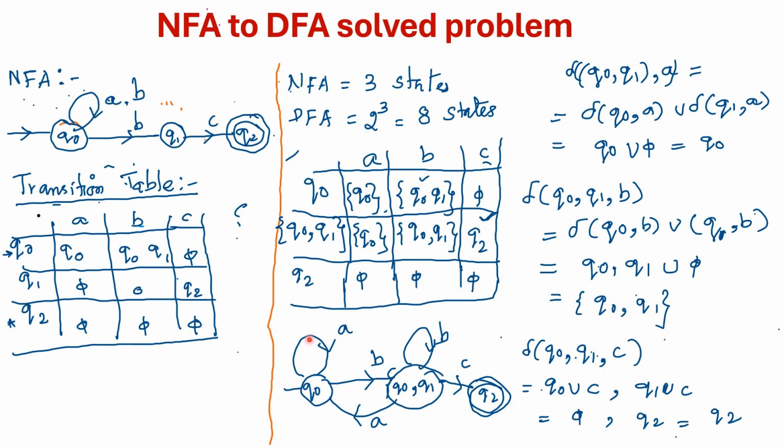The same thing here, any number of A's, here we have the self loop, and any number of B's also, B A, B A, B A. It may be null or it may generate n number of B's. So automatically it derives any number of A's followed by any number of B's and ending with BC only. So this is a correct equivalent of the NFA.